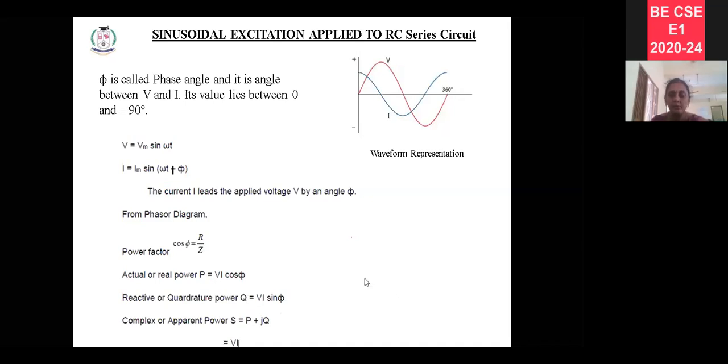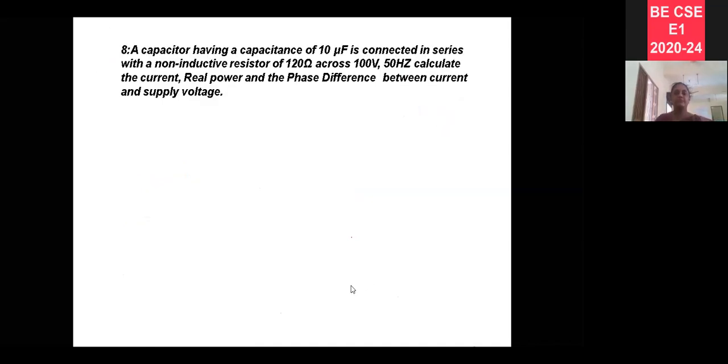We will go into a problem. Just go through this problem. A capacitor having a capacitance of 10 microfarad is connected in series with a non-inductive resistor of 120 ohms across 100 volts, 50 hertz.